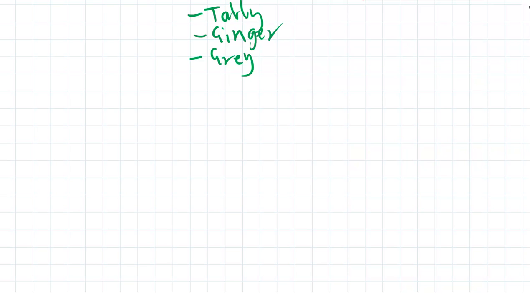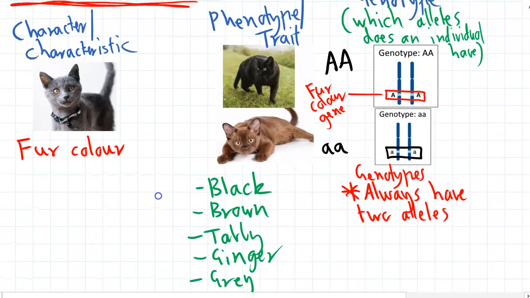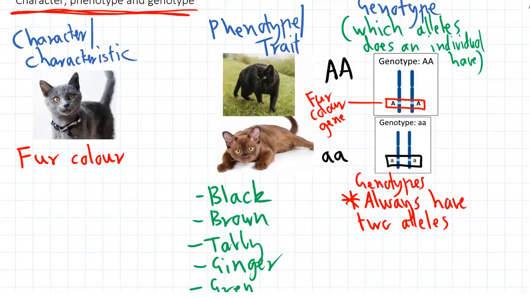So the next thing we need to learn about are the different ways we can describe a genotype. And there's 4 different words we use, and it's based on, does the individual have the same 2 alleles, or does it have 2 different alleles? So our 2 example cats up here, the black cat here had 2 big A alleles in its genotype, and the brown cat had 2 small a alleles.